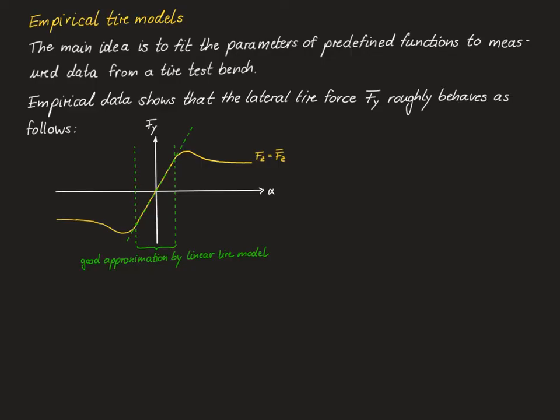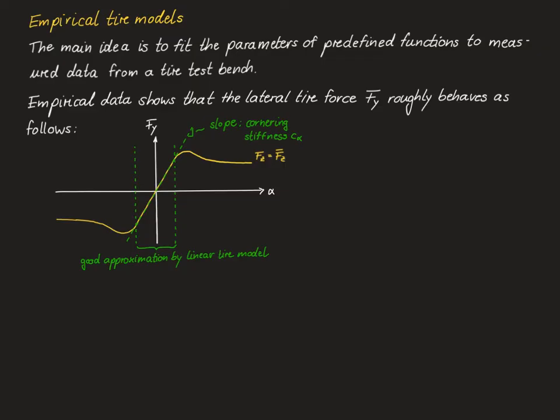So in other words, there's a small interval around the origin in which the linear tire model that we have seen before is a very good approximation to the data that's observed in reality. The slope of this linear approximation is called the cornering stiffness, C alpha, of the nonlinear tire model.